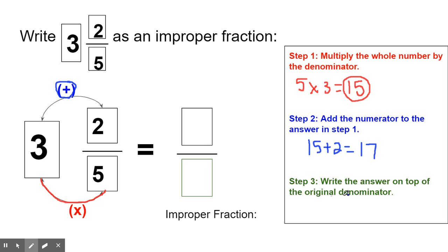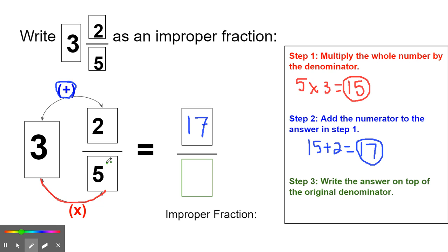And then step 3 is to write your answer on top of the original denominator. So our answer from step 2, which was 17, is going to be our numerator. And then step 3, like we said, your answer over the original denominator.